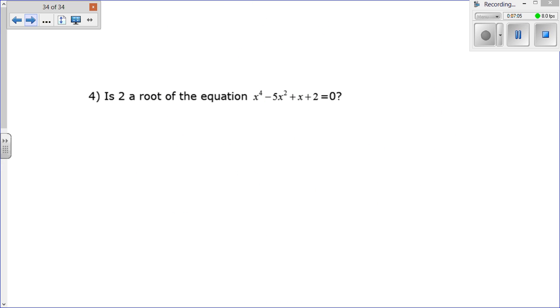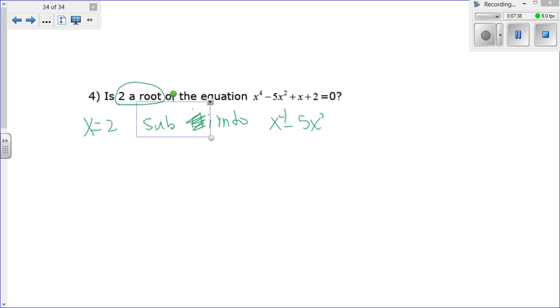All right, last example. Is 2 a root of the equation x to the fourth minus 5x squared plus x plus 2 equals 0? Well, to see if it is, we're going to take x equals 2, because if 2 is a root, then x equals 2, and we're going to substitute into my equation, which is x to the fourth minus 5x squared plus x plus 2 equals 0. So what I'm going to do is put 2 in place of x.